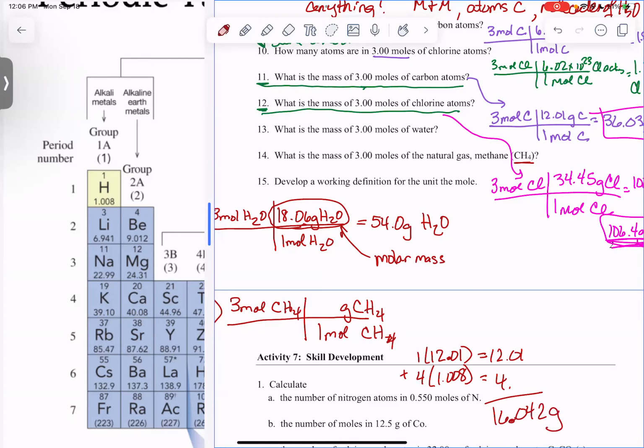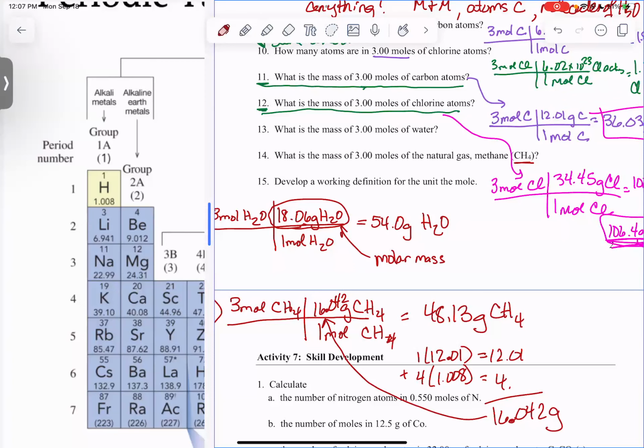So that's what's going to go right here, 16.042 grams. And I do the math and I get 48.13 grams of methane. So you could do this with any substance. All you have to do is find the mass of each individual atom, multiply by however many atoms you have, and then add up all the masses of all the different elements.